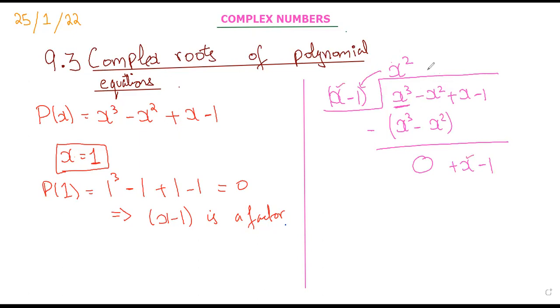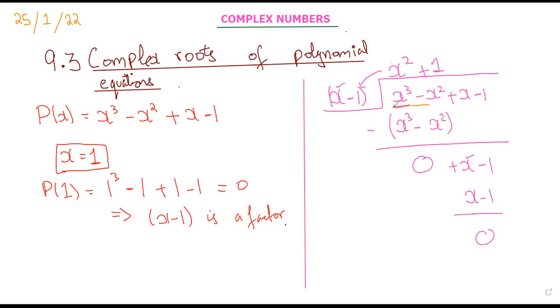So we write plus 1. So that is going to give you x minus 1 again, and this will be 0. I'll tell you how I am writing things there as well.